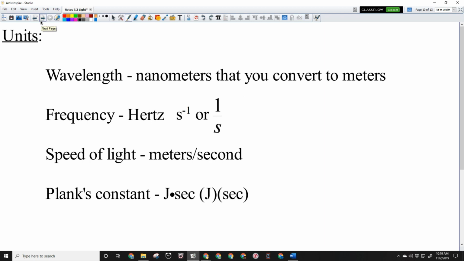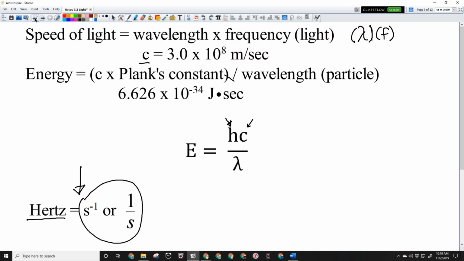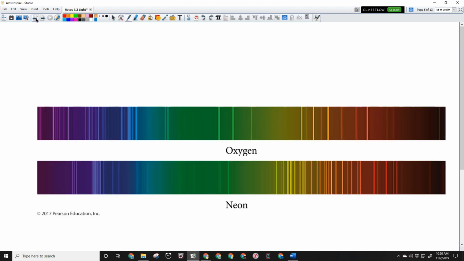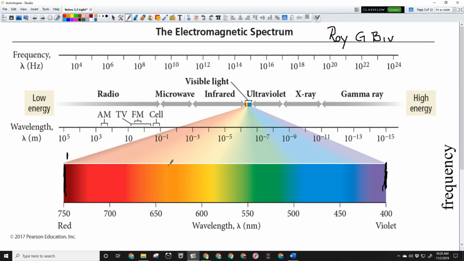So the units for wavelength are going to be given to you in nanometers. I'm going to go back to the electromagnetic spectrum that's given to you, and right here the wavelength is given in nanometers.